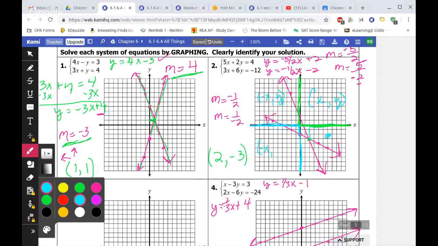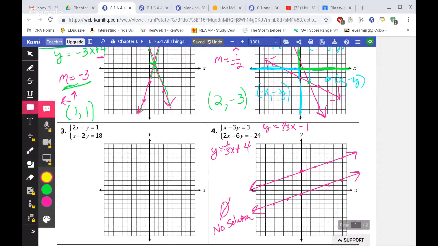In this quadrant, both coordinates are going to be negative, and in this quadrant, the x is going to be positive and the y is going to be negative. Does that help? Yes, ma'am. Okay, you want me to do one more? Yes, please.